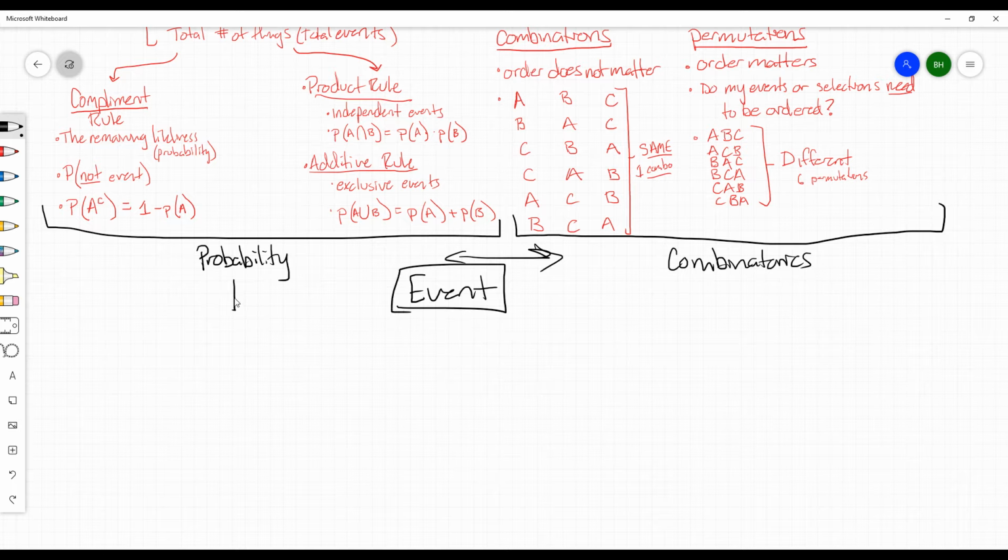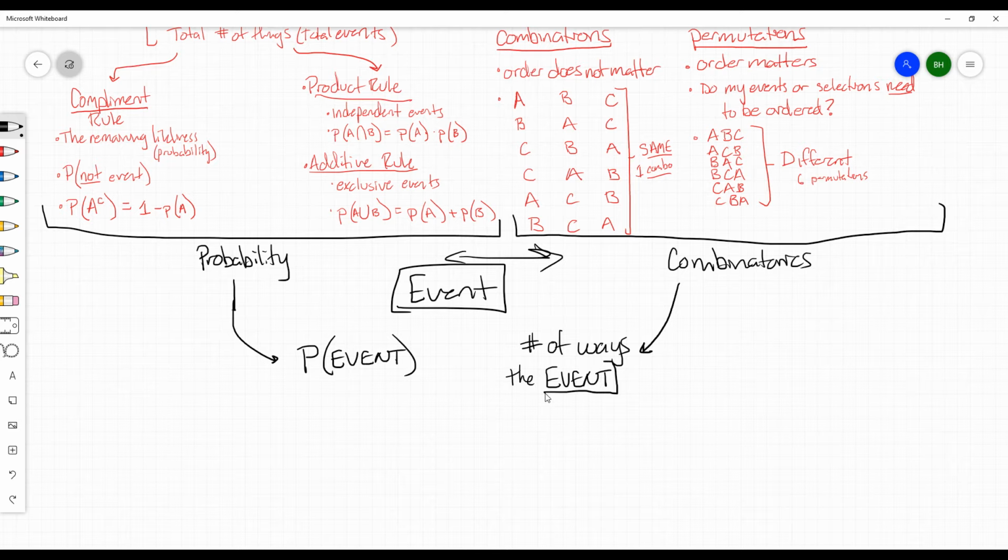We can find the probability of the event actually happening. Now, combinatorics comes in because we can find the number of ways that the event can occur.